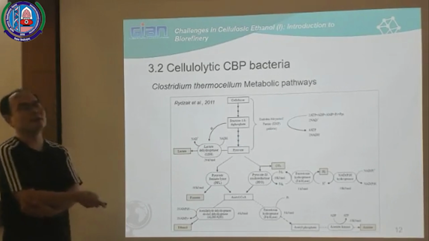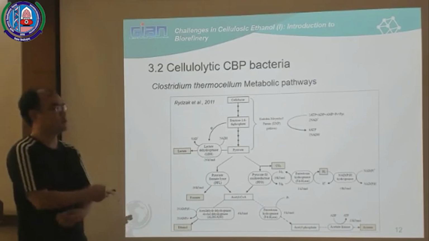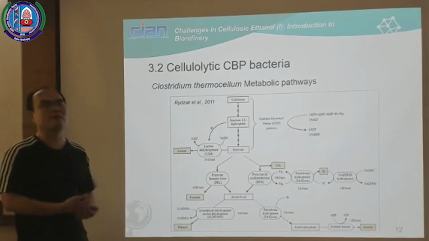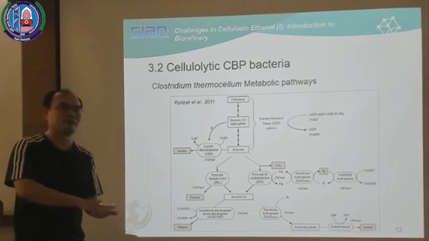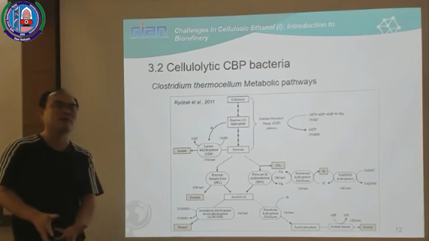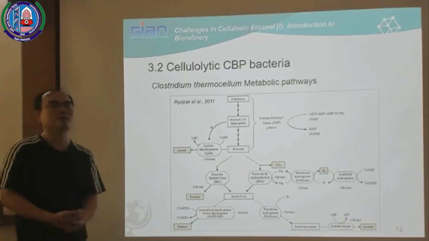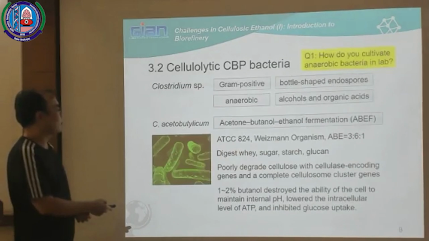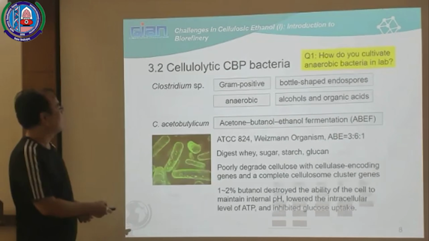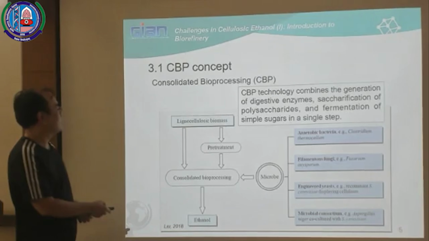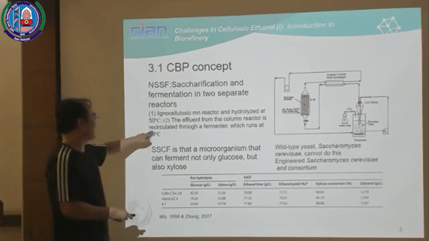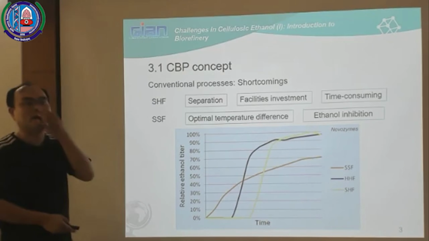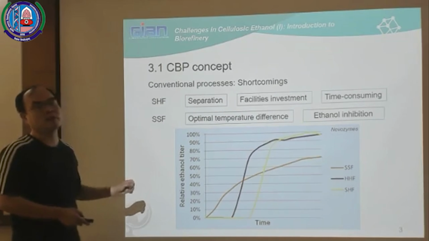I will explain it in the next lecture. Because the oxygen requirement is different for cellulase production and different for the fermentation. Totally different. If we use an SSF strategy like this, we use Trichoderma reesei to produce cellulase.